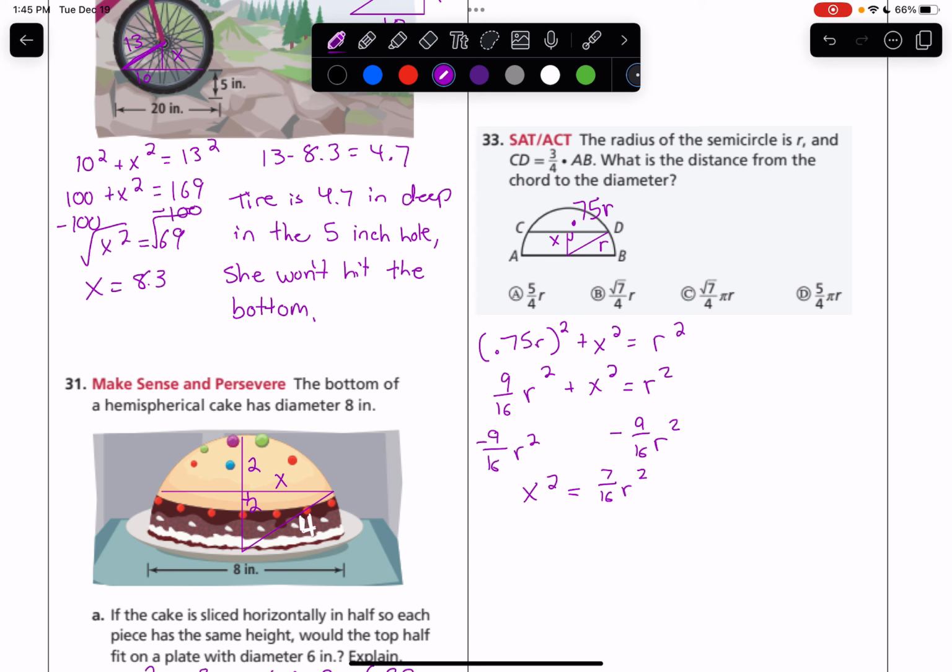And I don't want X squared. I want the square root of X squared, which means I want the square root of 7/16 R squared. So doing this in multiple pieces, the square root of 7/16 is going to be the square root of 7, which is not simplifiable, over the square root of 16, which is 4, and then the square root of R squared, which is just R. So my distance is the root of 7 over 4 times R, or B, as my answer.